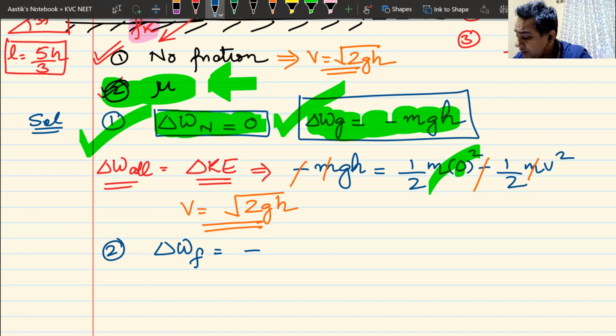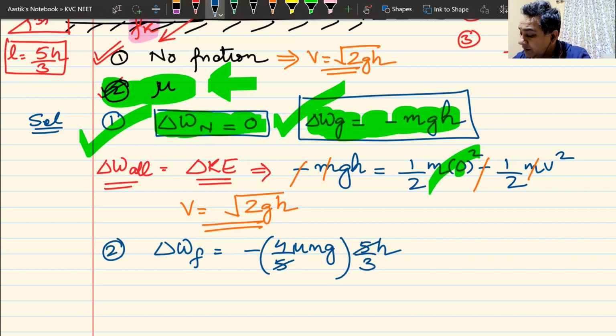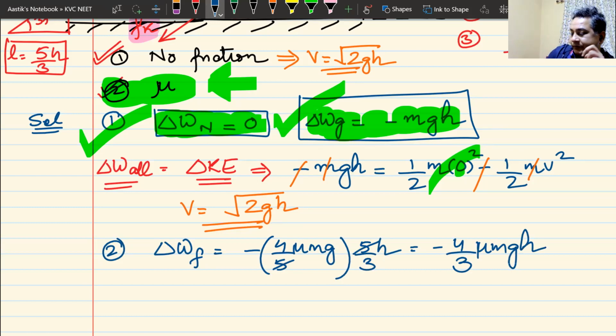It was 4 by 5 mu mg. That has to be multiplied by the length of the path, which as you can see is 5 by 3 h. 5 and 5 get cancelled. It becomes minus 4 by 3 mu mgh.